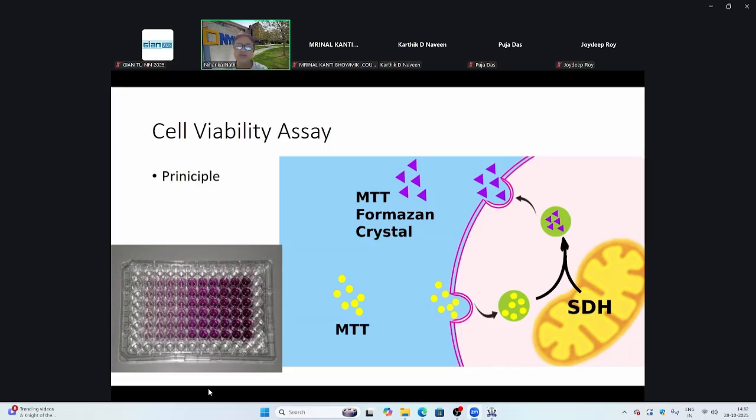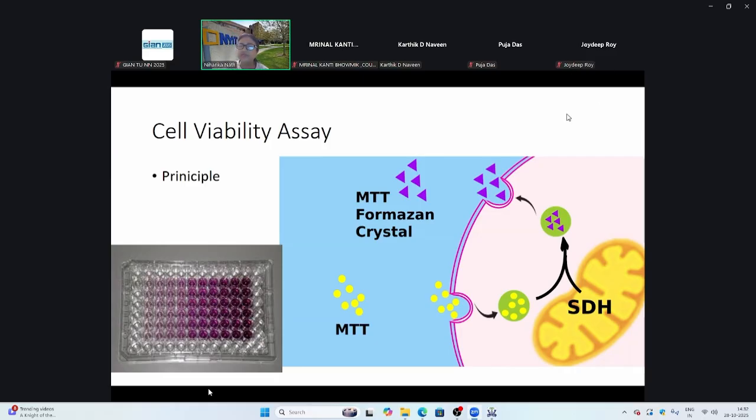So in a cell viability assay, we are looking at these cells that are in tissue culture. Are they alive? Are they healthy and happy? Or if a drug, let's say a cancer treatment drug, was given to them as a trial in tissue culture, are they not happy? Are they dying?